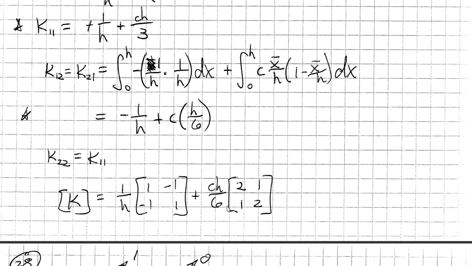Here are the constants, and this is the dependence on convection. So this is what you would implement in a finite element code to look at heat transfer thermal distribution along a rod for a single element. So next time we'll talk about how you extend that to multiple elements.